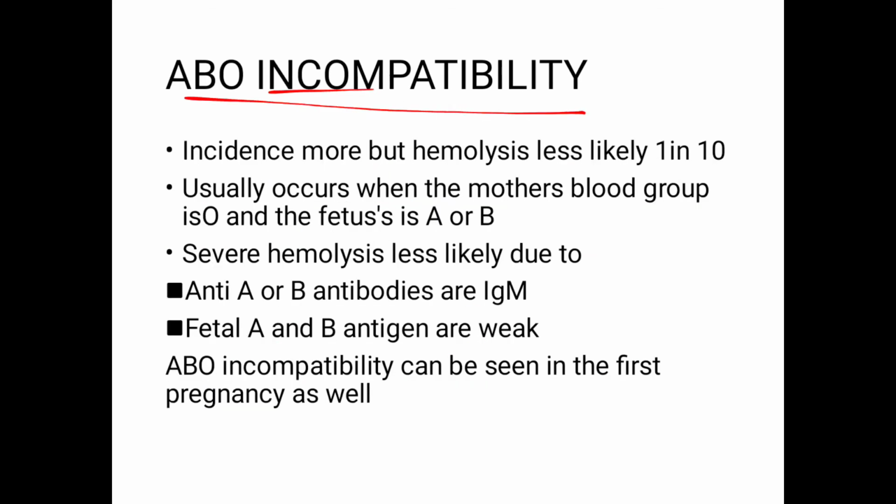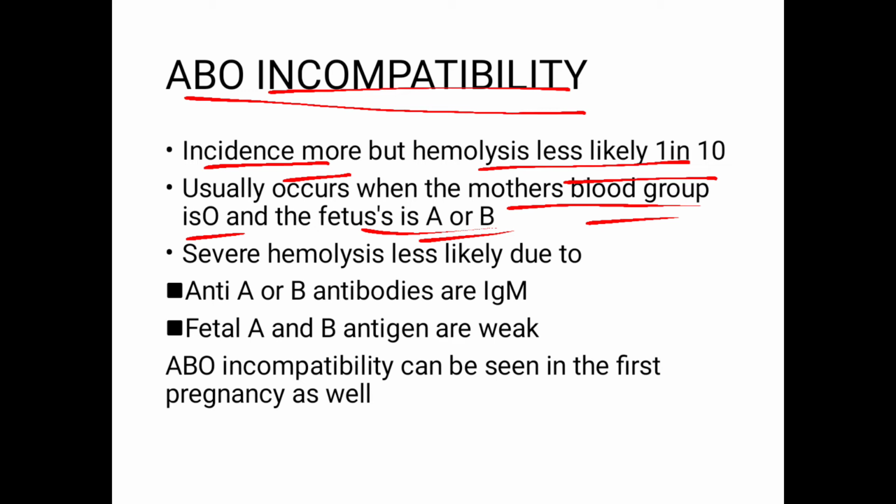ABO incompatibility: incidence is more, but hemolysis is less likely. The reason will be discussed later on. It usually occurs when the mother's blood group is O, meaning the mother's blood group does not have any antigen on it, and the fetus is A or B, which is foreign to the mother.